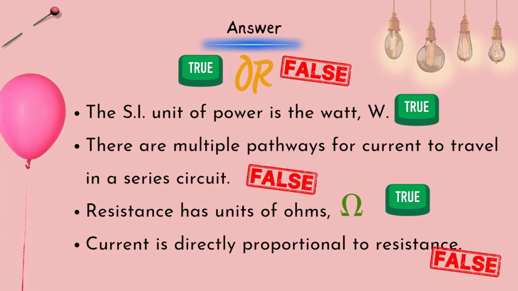Yes, the SI unit of power is the watt. No, there is only one single pathway in a series circuit for current to travel. Resistance has units of ohms, and current is not directly proportional to resistance. It's directly proportional to voltage and inversely proportional to resistance.